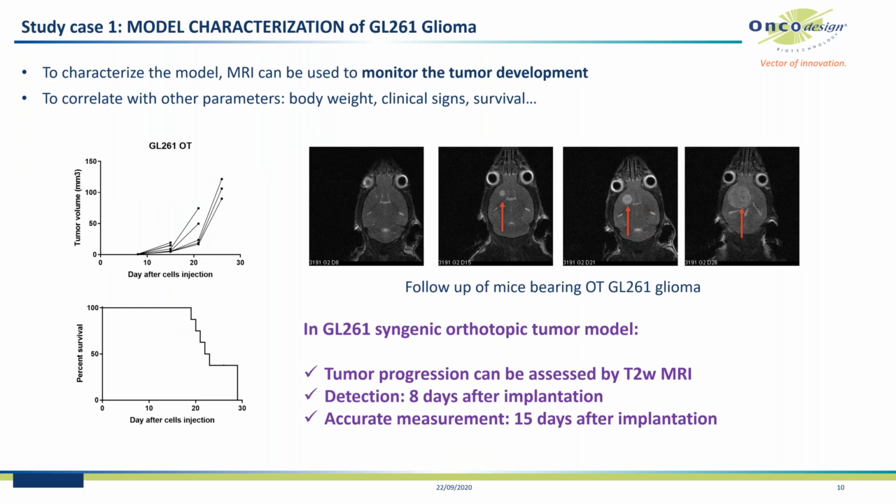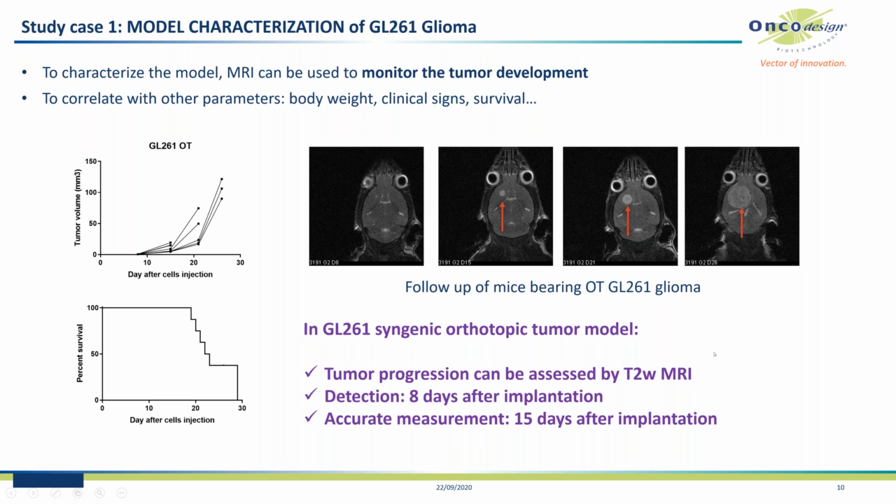For example, in this model of glioma in mice, the follow-up of tumor development can be done every week, and we can see that the tumor volume is increasing over time and is well correlated with survival curves.